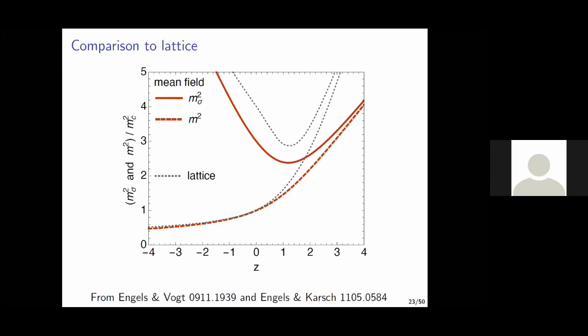So instead of doing this one loop calculation that we did with these propagators, you could put in more non-trivial spectral functions. That's interesting, especially for this coupling between the pion and the axial charge that you would want to have in, just to have the right physics. But at least that part we can get with the mean field, which is nice.